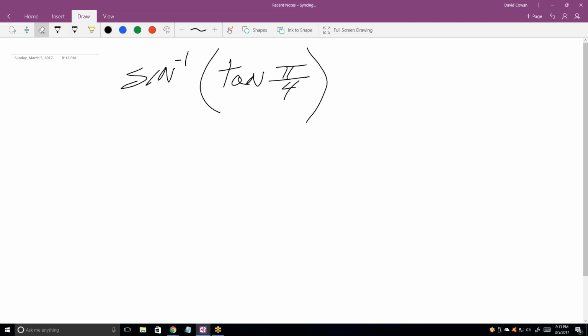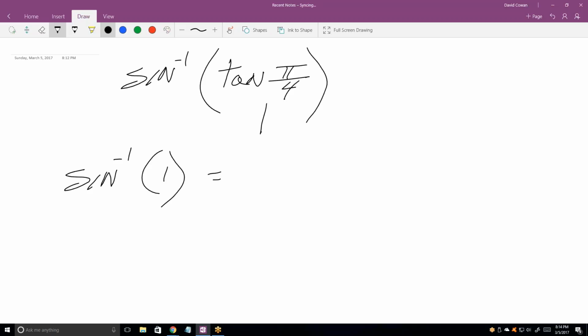So in this problem, we have to work from the inside out. What's the tangent of pi over 4? 1. Now, what's the inverse sine of 1?